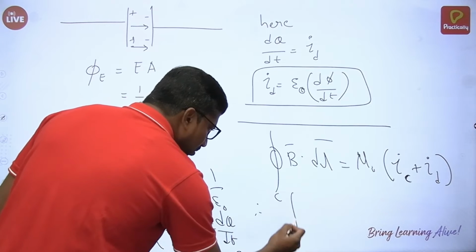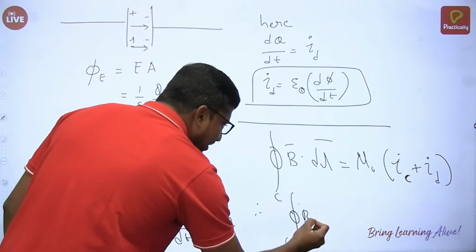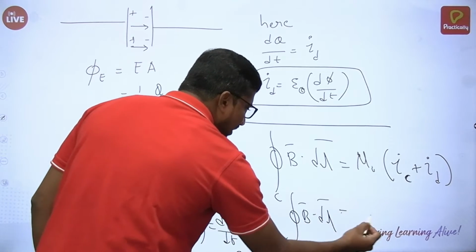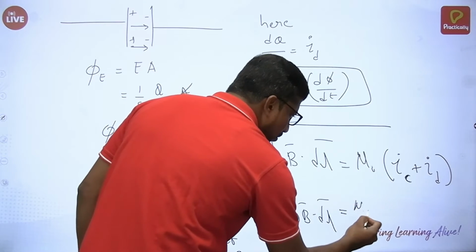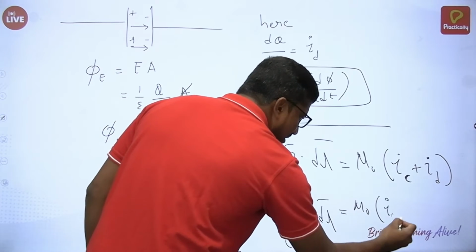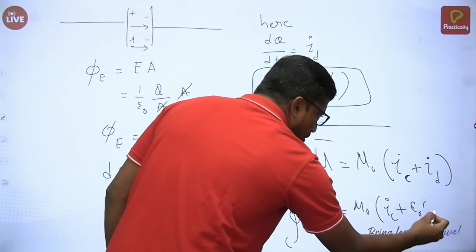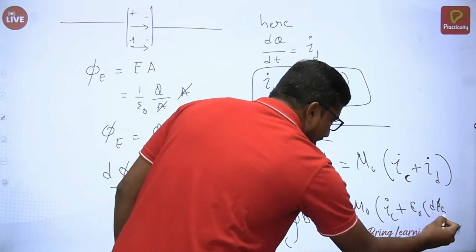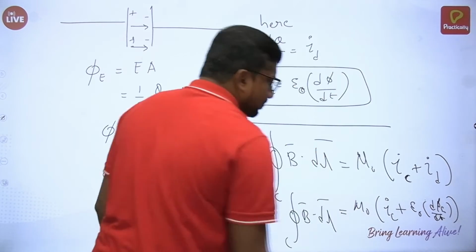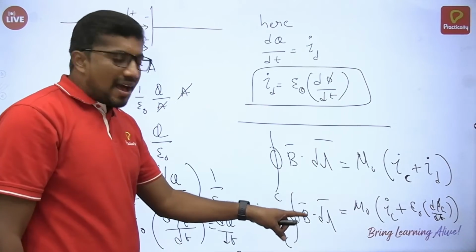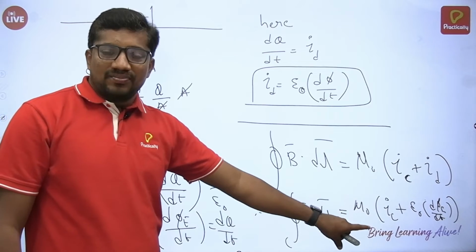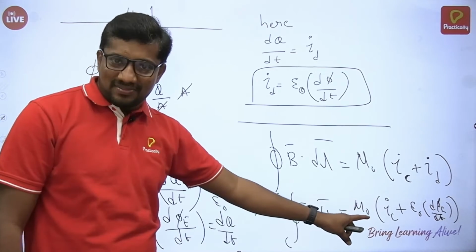Therefore, the closed line integral of B is equal to mu naught into (I_C plus epsilon naught times d phi_E by dt). This is the Ampere-Maxwell law, or we can say the modified Ampere's law.